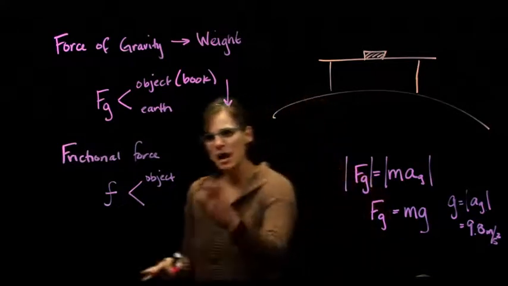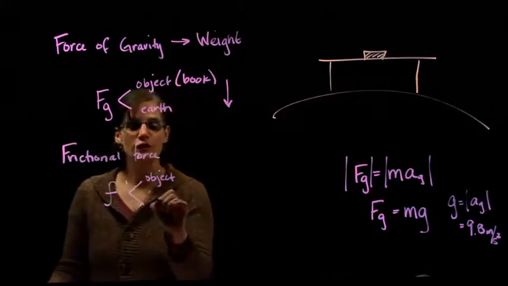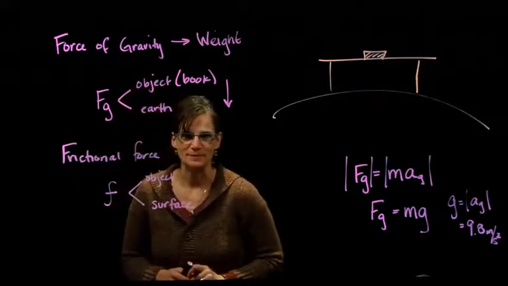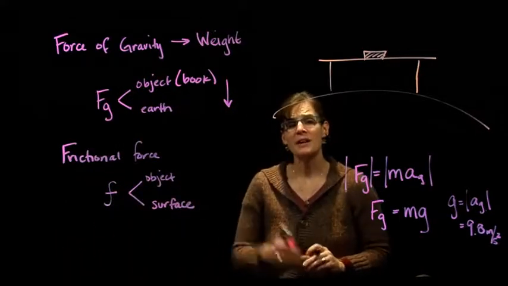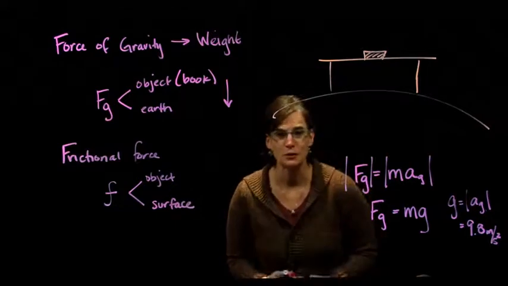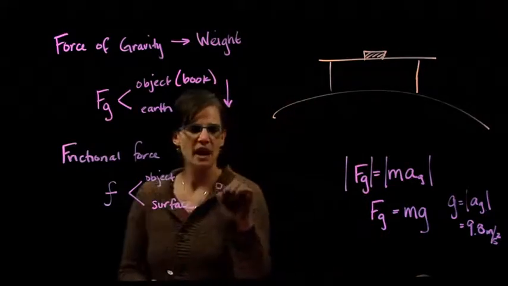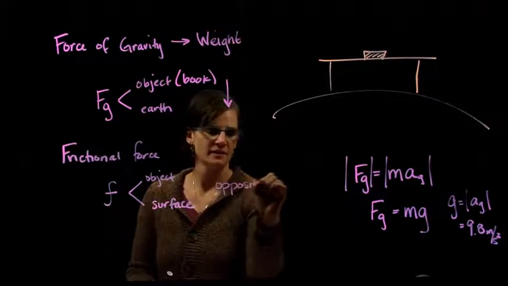But the idea is that it's the object and the surface that the object is on. Now, the direction of the frictional force is important. The direction of the frictional force is always opposite the motion.